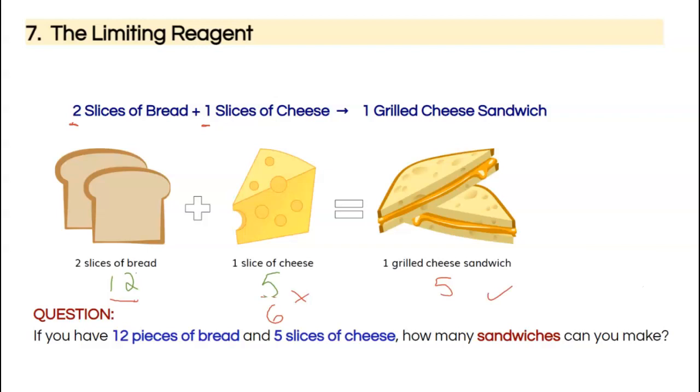What that's saying is that, in essence, my cheese is limiting the amount of product that I can form. In any chemical reaction, unless you have exact proportions, there's likely to be one or more of your reactants that is limiting the amount of product that you can make.